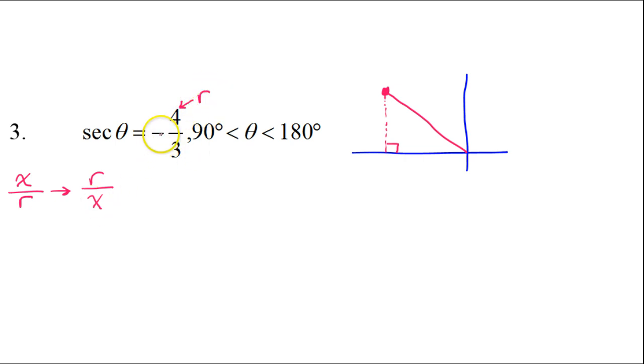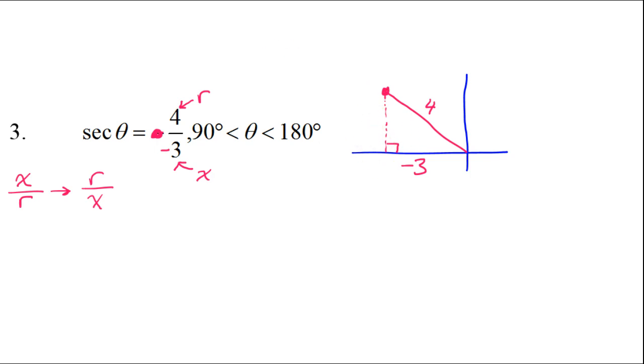Now the x value can be negative. So I'm going to take this negative sign and stick it on the 3 because that must be my x value. So in terms of this diagram, I know that the radius is 4. My x value is -3, which would go here, which makes sense because it's to the left.